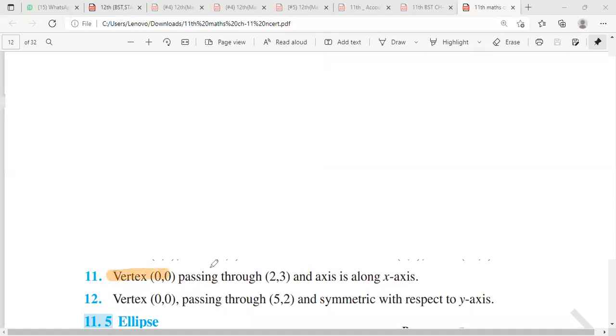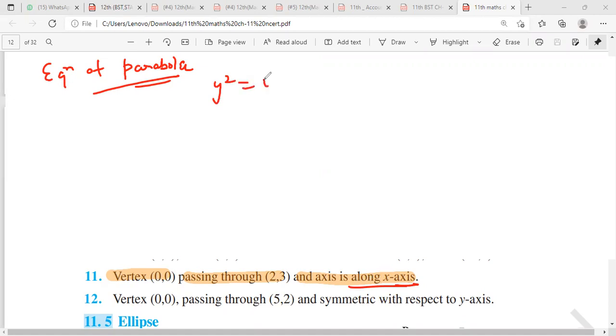Vertex is 0, 0, passing through 2, 3, and axis is along x-axis. So equation of parabola, axis is along x-axis, that is y square is equal to 4ax.